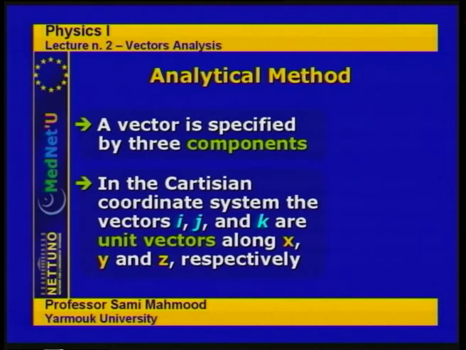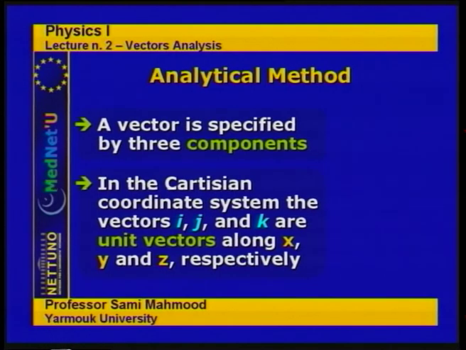In order to describe the vector, we have to select unit vectors, vectors of length 1 in specific directions, so that we can use these unit vectors in order to define the directions of the components of the vector that we are analyzing.